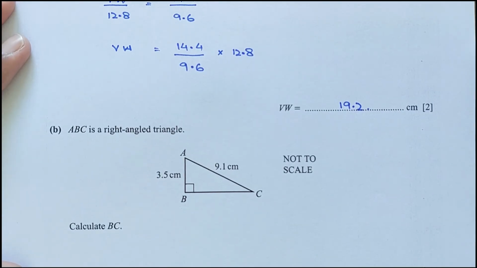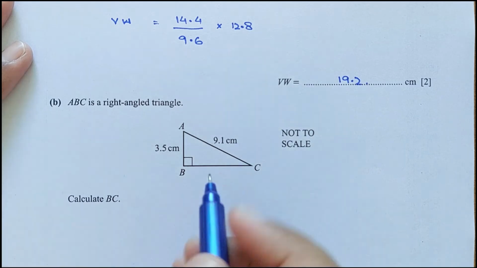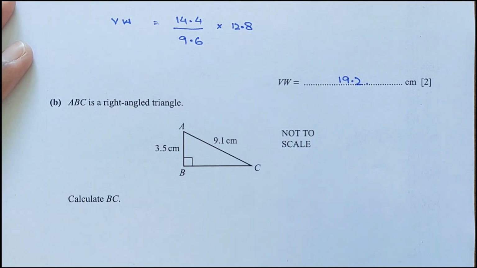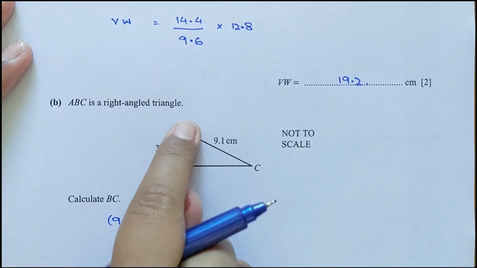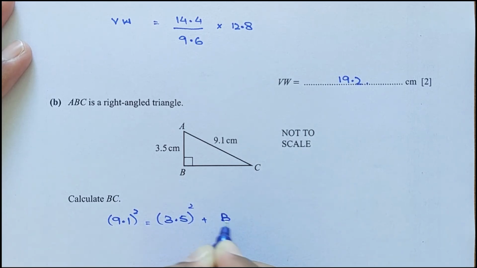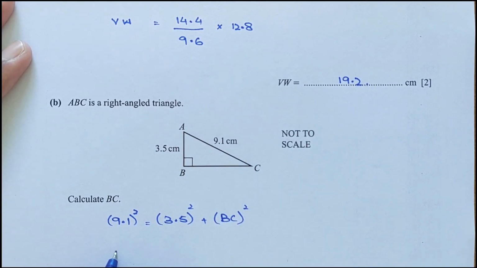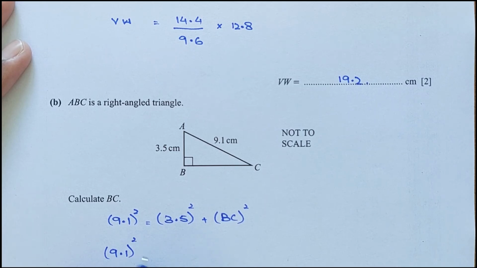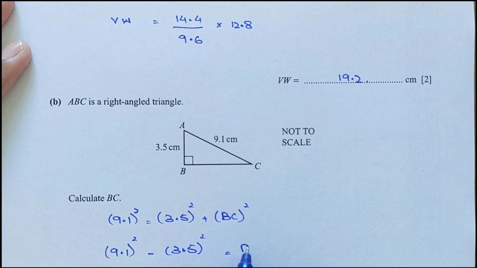Part B, ABC is a right angle triangle. Calculate BC by using Pythagoras theorem. Let me calculate. So 9.1 squared, the hypotenuse squared, equals 3.5 squared plus BC squared. So 9.1 squared minus 3.5 squared equals BC squared.